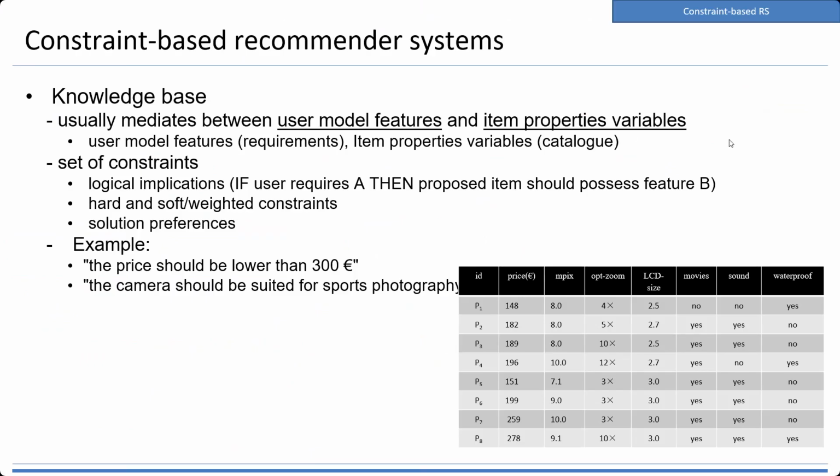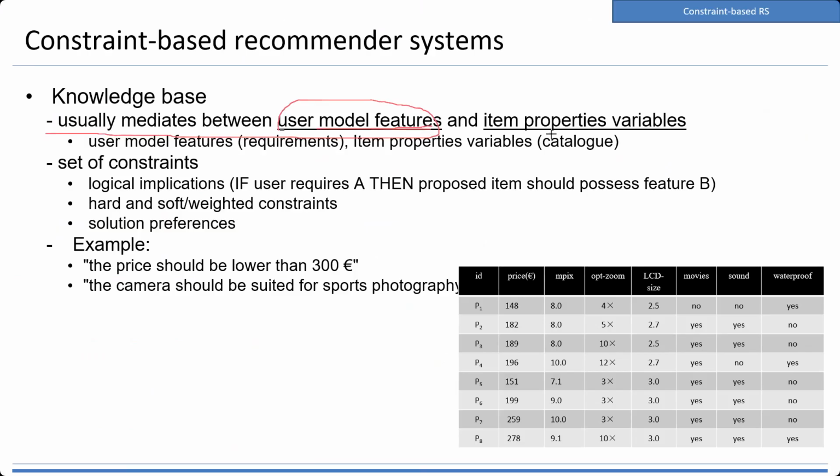So the knowledge base. What is the knowledge base? As I mentioned to you, we have the user requirement. We want to ask the user what would be your requirement about the features, or we call these the model features.